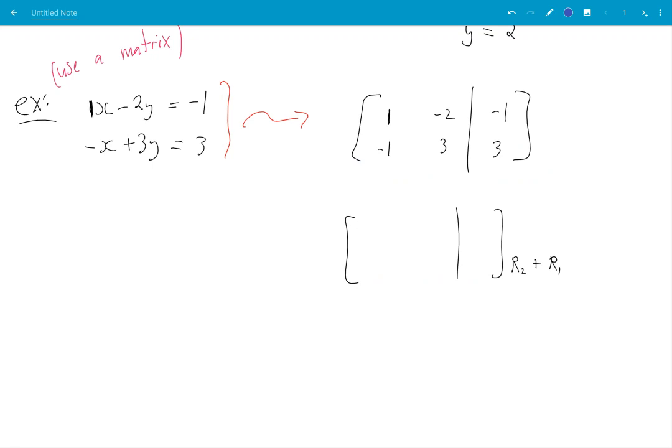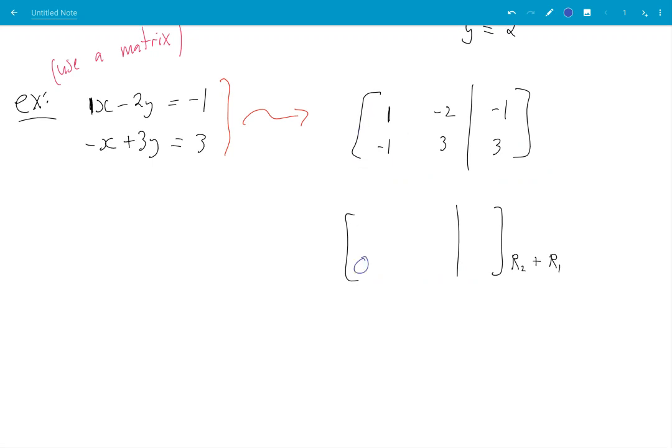So what do I get? Negative 1 plus 1, getting 0. Here I have 3 plus minus 2, which is 1. And here I have 3 plus minus 1, which is 2.